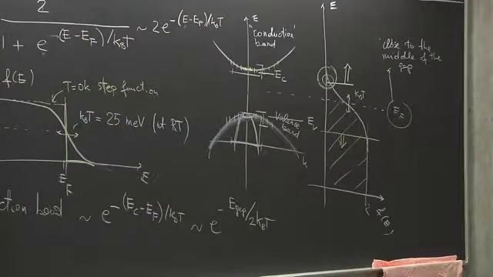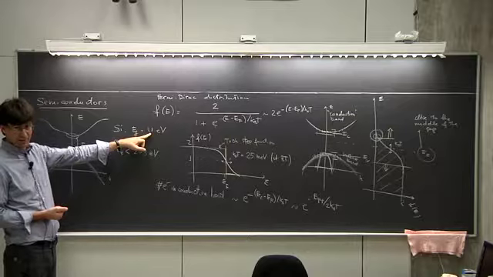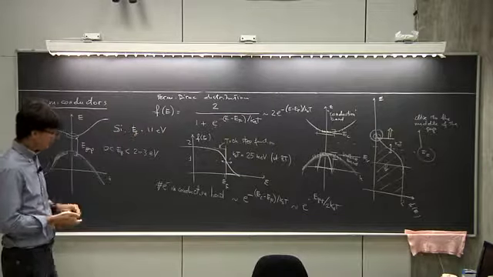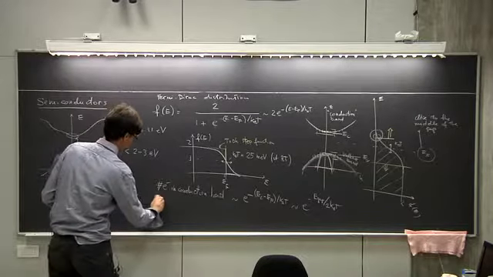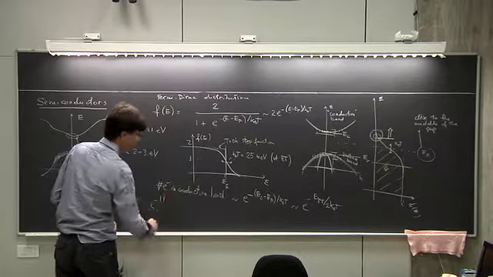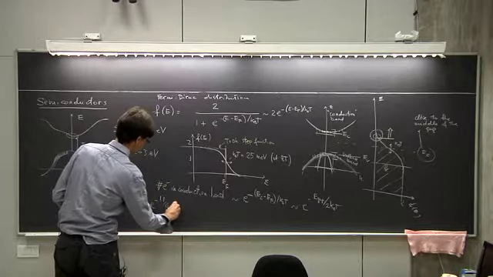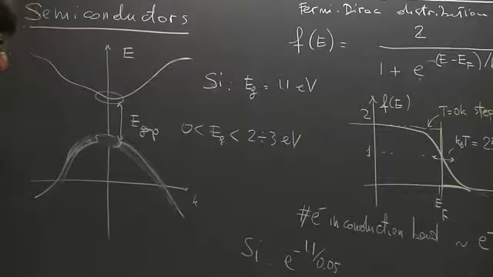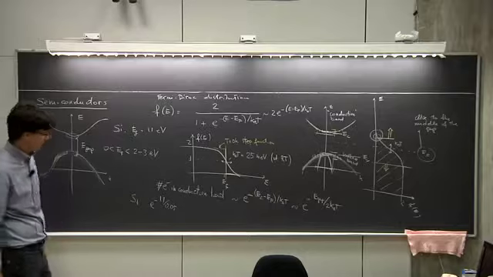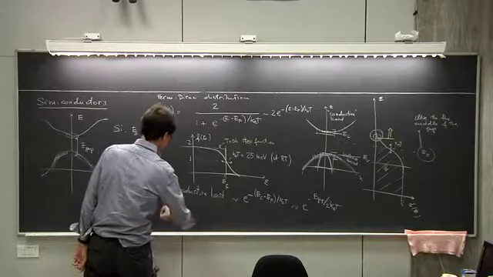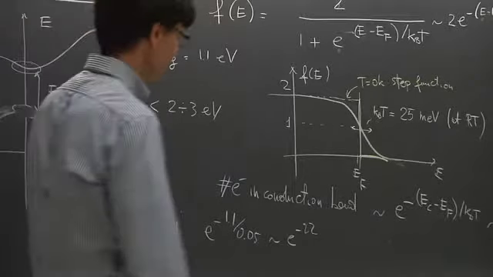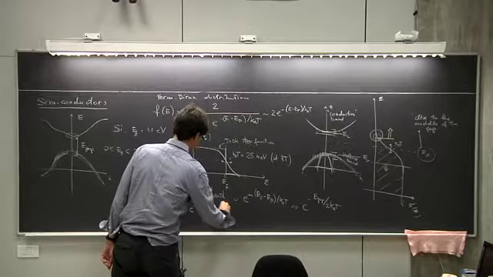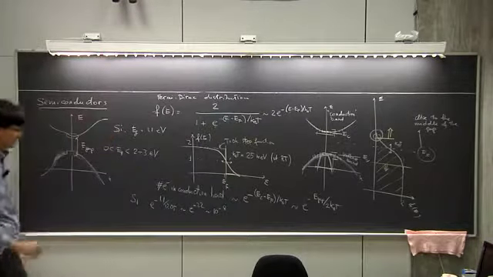So if you take silicon, for example, which is 1 electron volt, the gap, for silicon, this number is going to be e to the minus 1.1 divided by 0.05, right, roughly. I'm using electron volts, both below and above. So this is roughly e to the minus 22, which is 10 to the minus 8, I think, roughly.